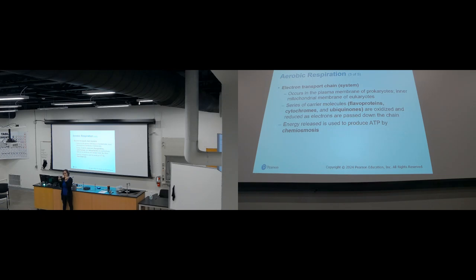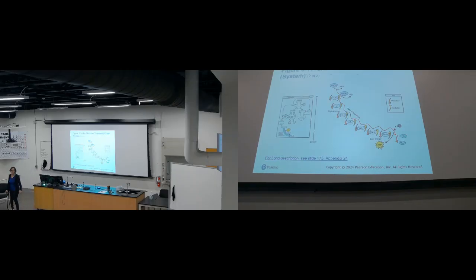As it's gyrating, it's going to grab ADP molecules with inorganic phosphate molecules and join them together to regenerate ATP. And this process of moving these protons from the intermembrane space into the matrix is called chemiosmosis, and that is going to lead to the formation of ATP.